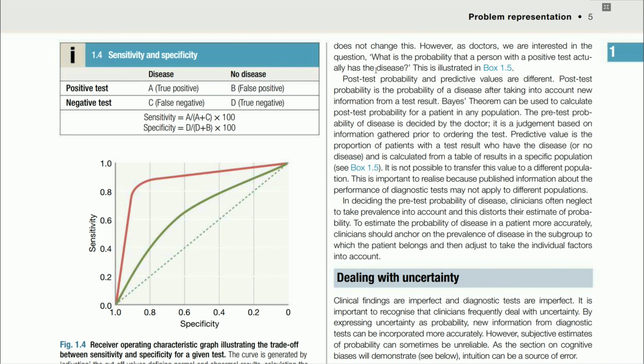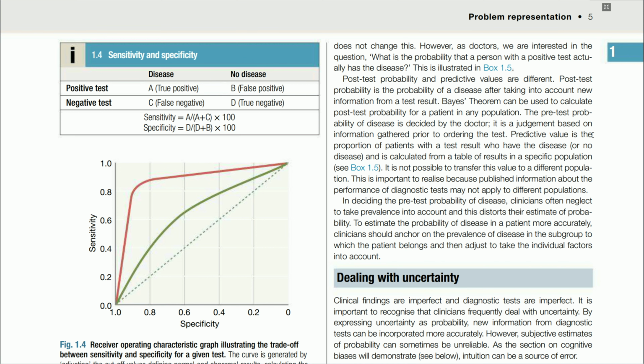Post-test probability and predictive values are different. Post-test probability is the probability of a disease after taking into account new information from a test result. Bayes' theorem can be used to calculate post-test probability for a patient in any population. The pre-test probability of disease is decided by the doctor. It is a judgment based on information gathered prior to ordering the test.